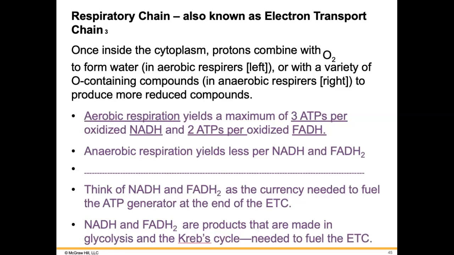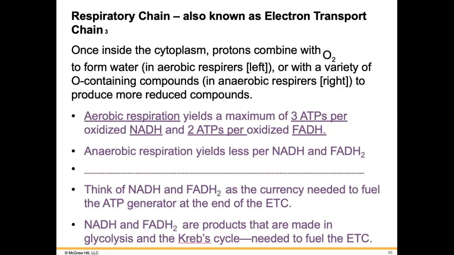Anaerobic respiration yields a little bit less per each NADH and FADH. But a test question will be how many ATPs are yielded for an NADH versus an FADH.